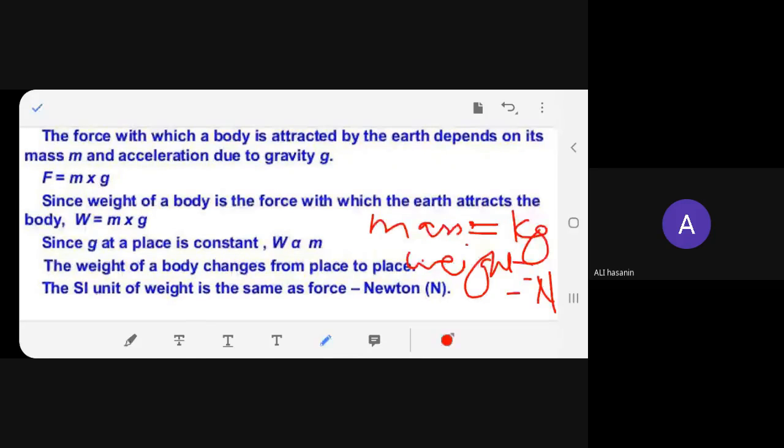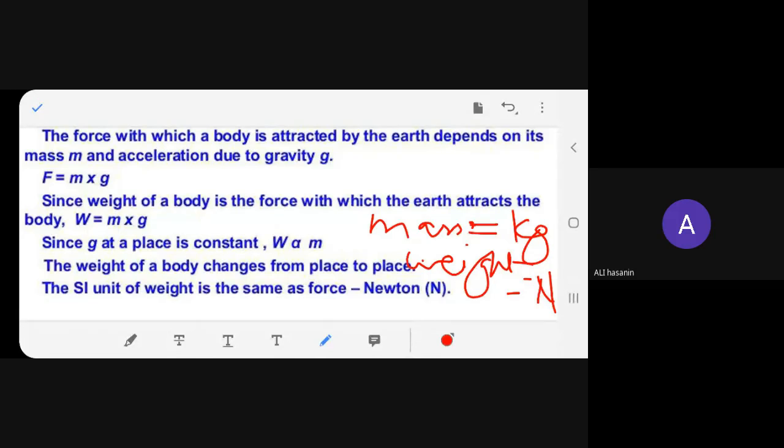Because weight has gravitational constant added to it, it gets converted to Newton because it's a force, whereas mass is not a force. Mass is the exact amount of the body. You got the difference now? Yes, ma'am. Weight is a force where the gravitational force acts on it, and hence Newton becomes the unit.